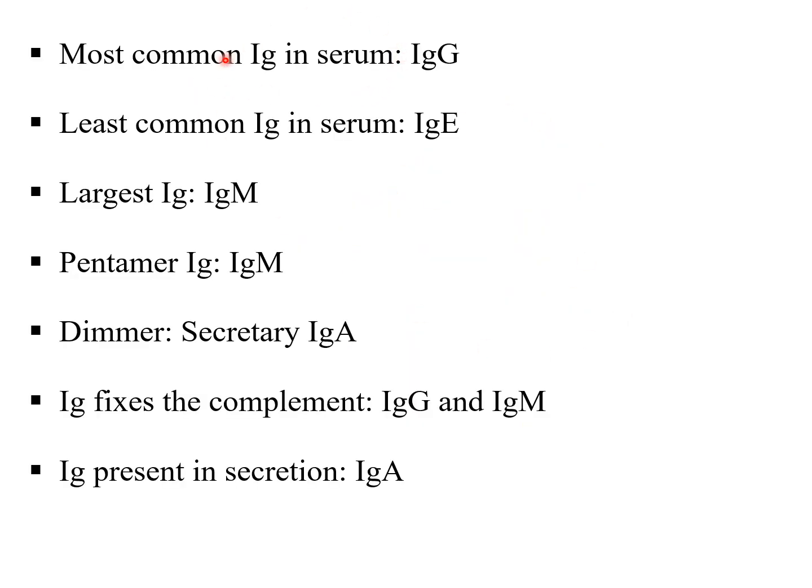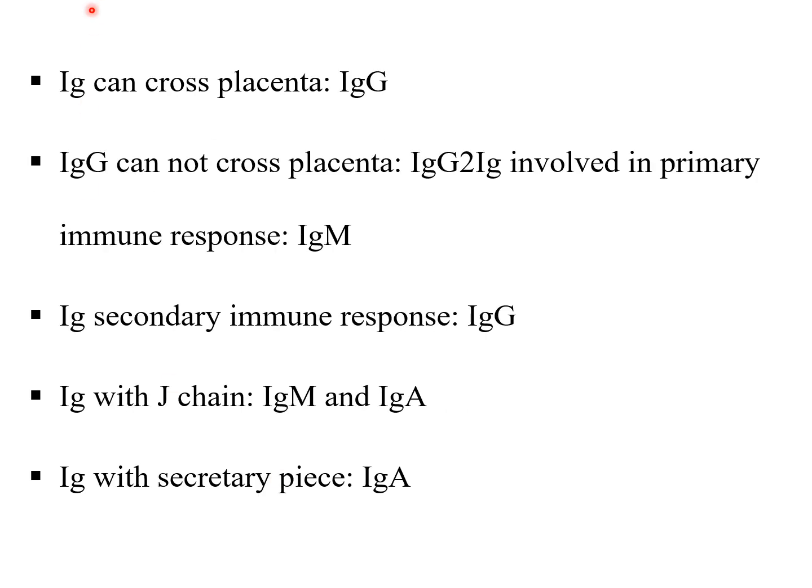The most common immunoglobulin in serum is immunoglobulin G. The least common immunoglobulin in serum is IgE. The largest one is IgM. The pentamer is IgM. The dimer is IgA. Immunoglobulins that fix the complement are IgG and IgM. The immunoglobulin present in the secretions is immunoglobulin A. The immunoglobulin that can cross the placenta is IgG.